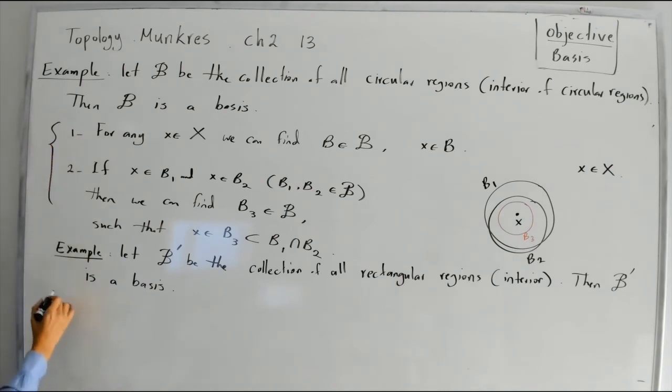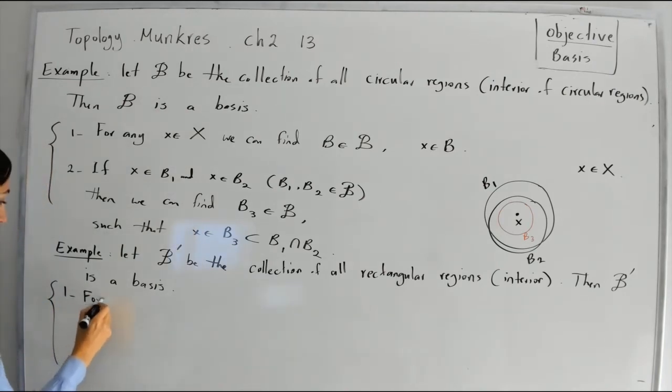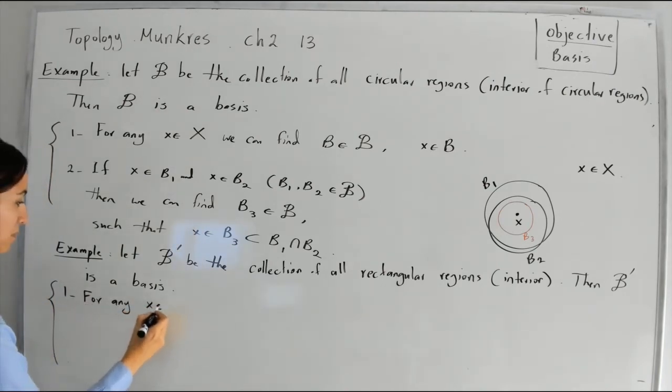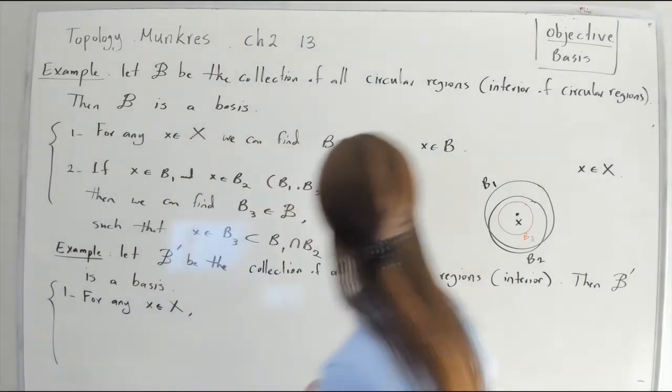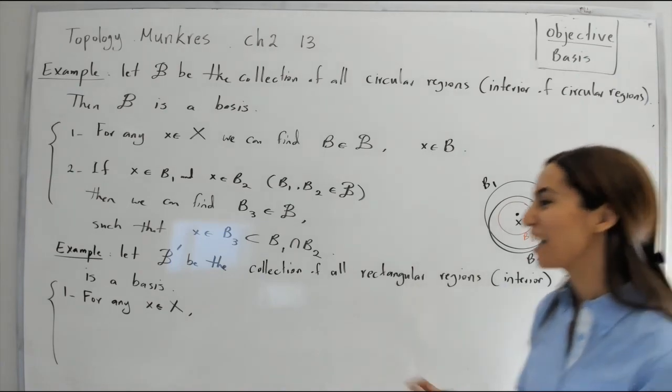The very first one, for any x in the plane, we can definitely find a rectangular region including that x.